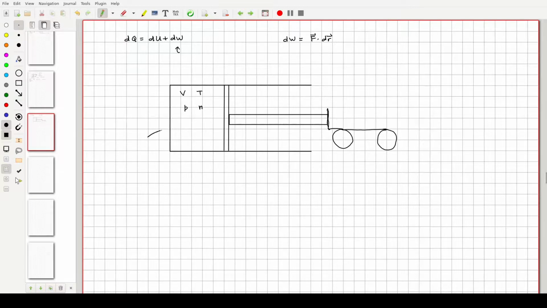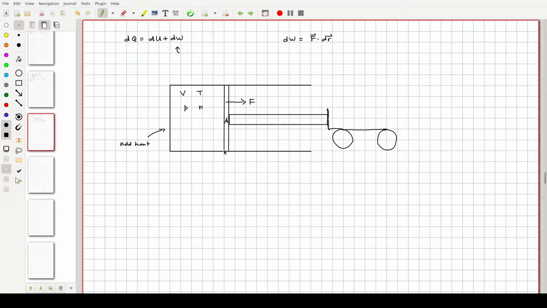Now, what I'm going to do is add heat in. And as a consequence, the gas molecules on the inside are going to bounce harder and harder and harder. And many of them are going to bounce on this side of the piston right here. And what they're going to do is exert a force this way over the area of the piston.